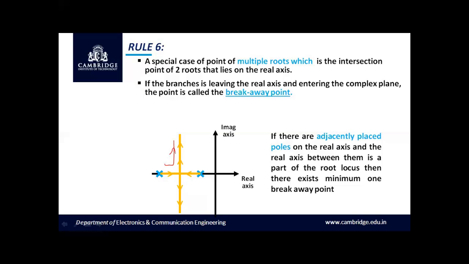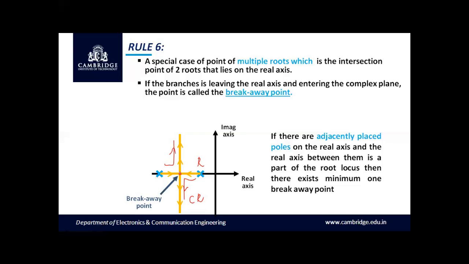It is moving away from the real axis and entering the complex plane. And again, this pole reaches the breakaway point and it is breaking away, moving from the real axis towards the complex plane. Hence, a breakaway point exists in this region.